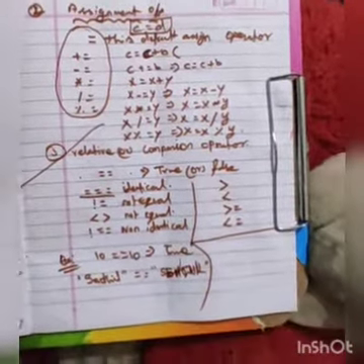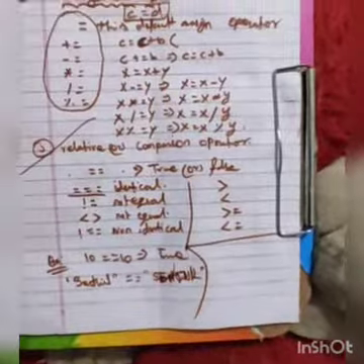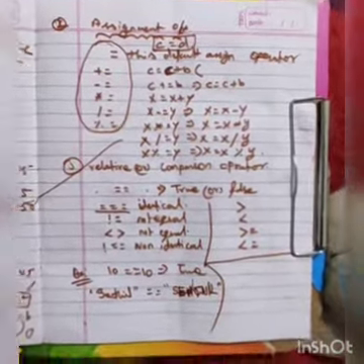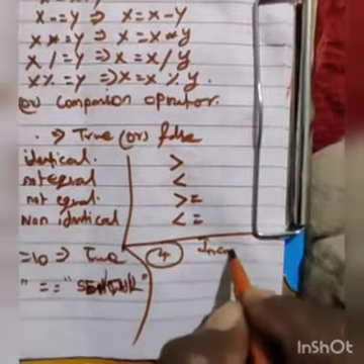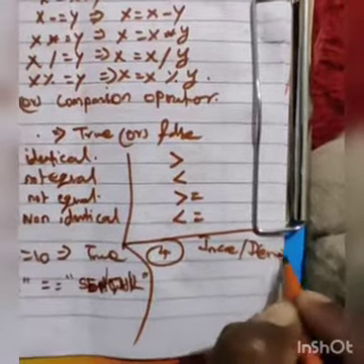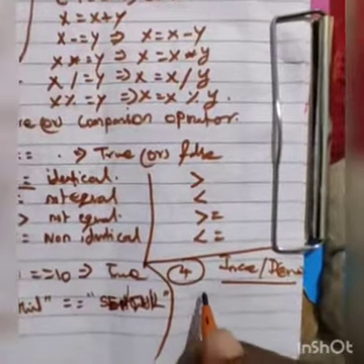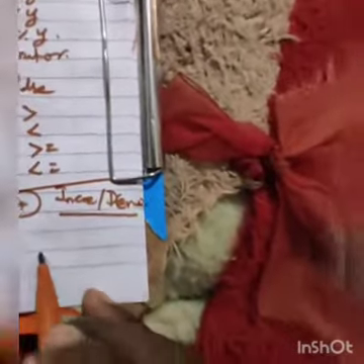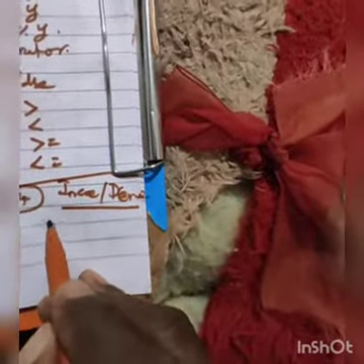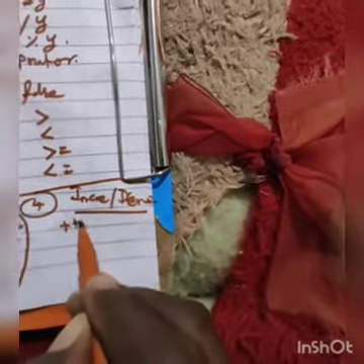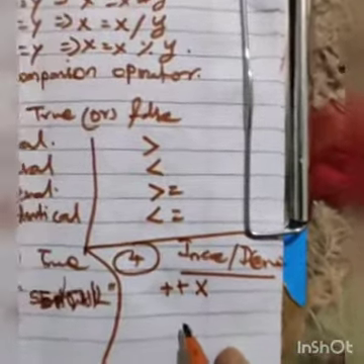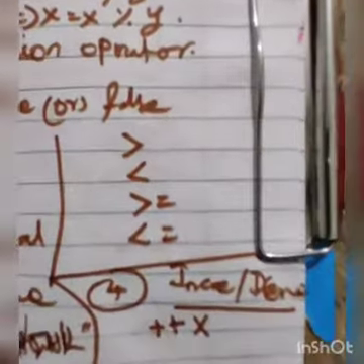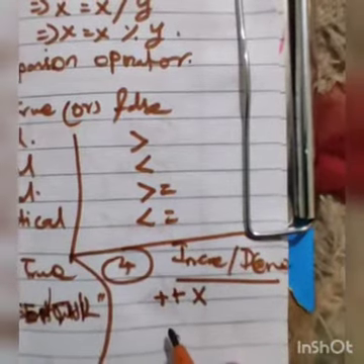The fourth operator is the increment and decrement operators. There are four operators. The increment operator has two forms: plus plus X, and X plus plus. In one it comes before, in the other it comes after.